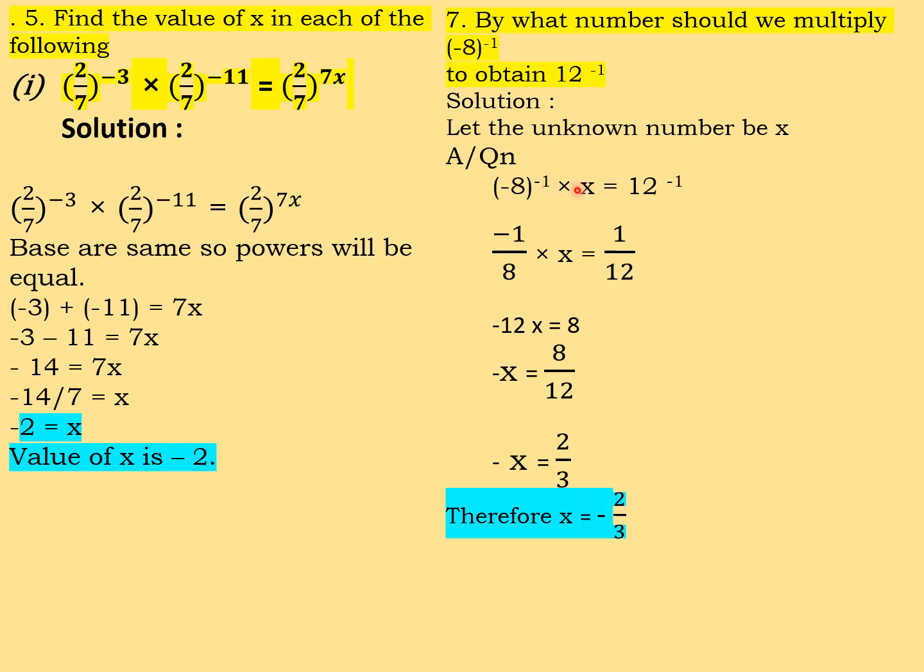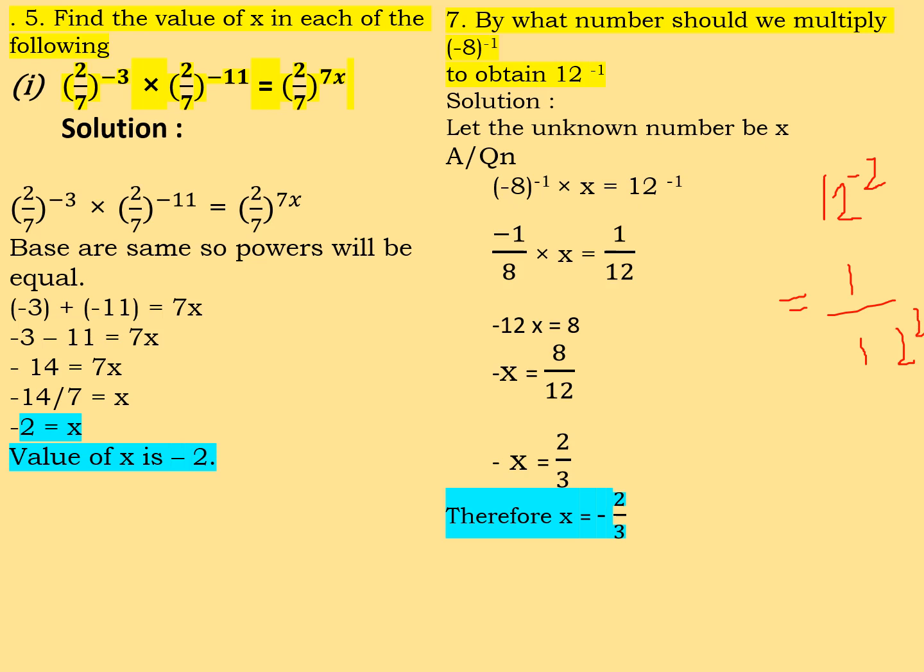Can you see here it is a minus 1, and what I told, 12 to the power minus 1 can be written as 1 by 12. If it was 12 to the power minus 2, then it can be written as 1 by 12 square. Fine.